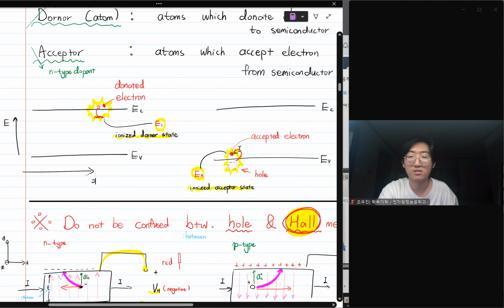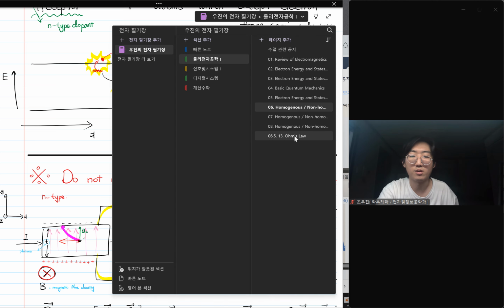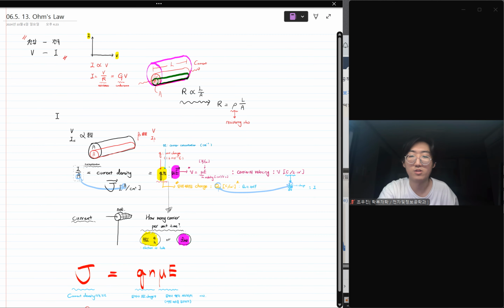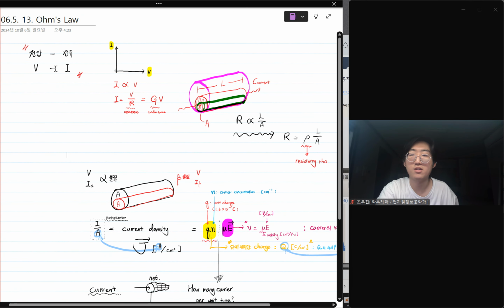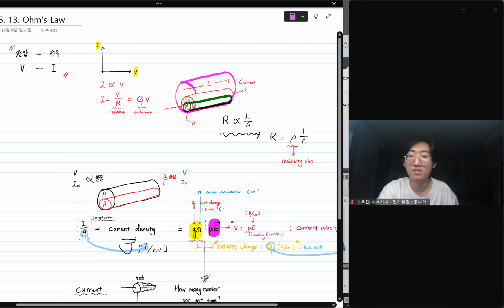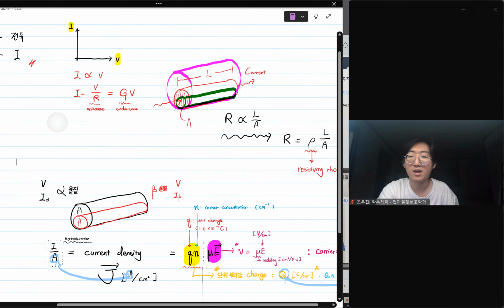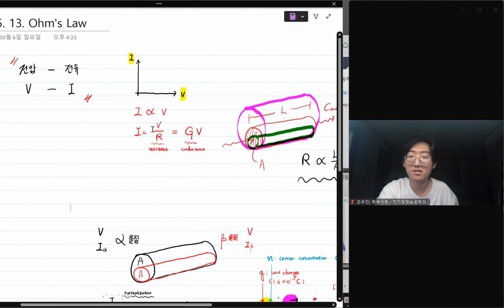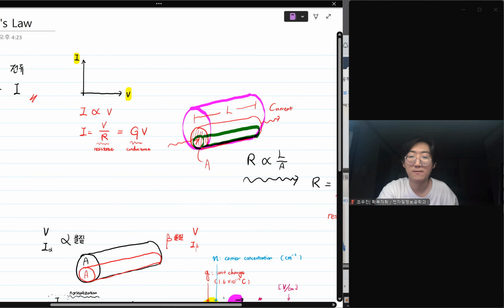Next I'm going to talk about Ohm's law. As you know, Ohm's law says voltage equals current times resistance. Current can be expressed in this way.